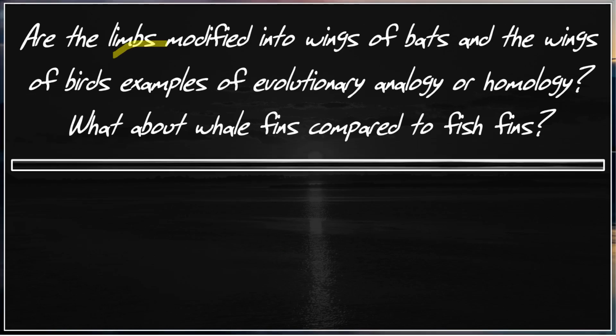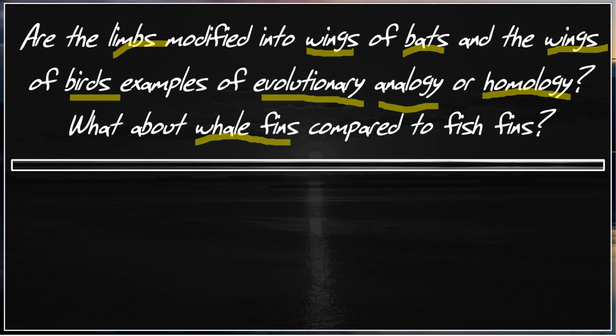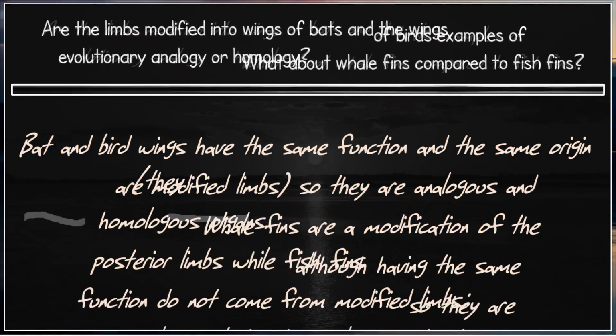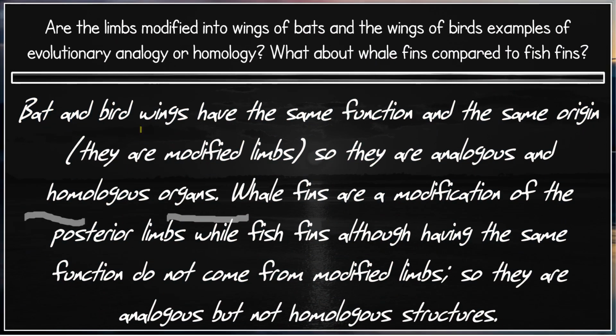Are the limbs modified into wings of bats and the fins of whales examples of evolutionary analogy or homology? What about whale fins compared to fish fins? Bats and bird wings have the same function and the same origin.